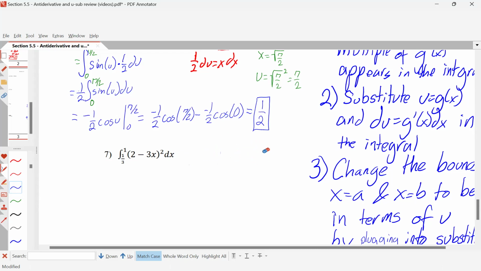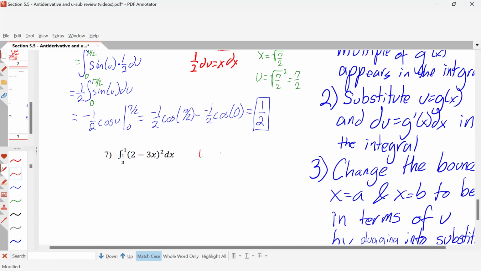U-substitution could also be used here to keep the calculation just a little bit simpler. And sometimes expanding will be simpler, sometimes U-substitution will be simpler. I want to show how we could use U-substitution in this case.